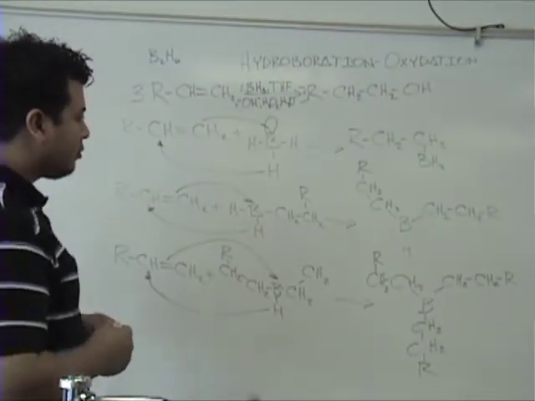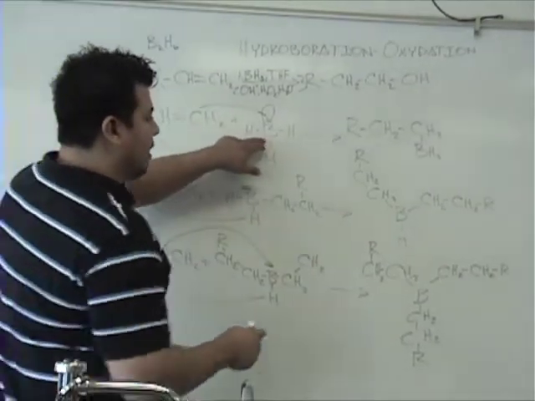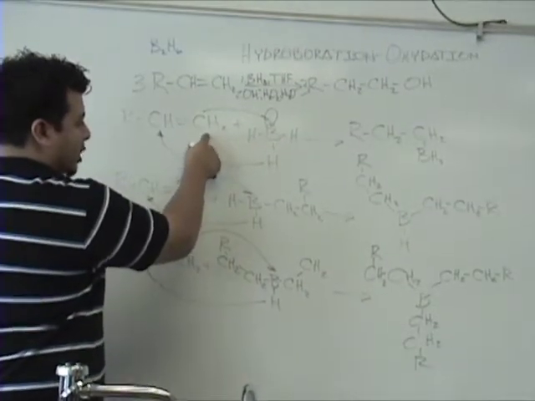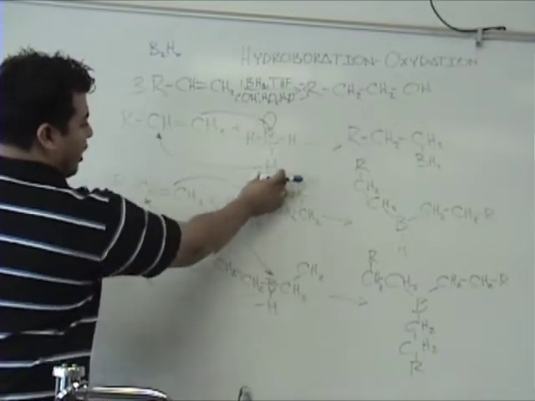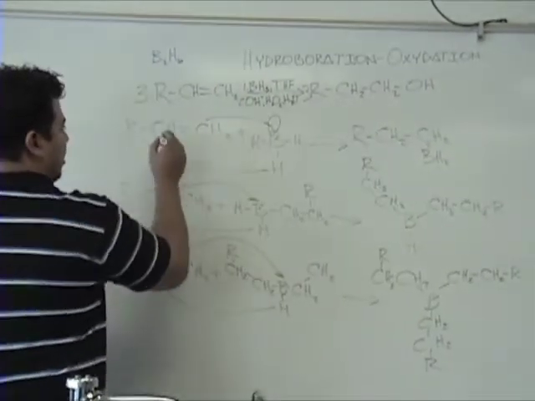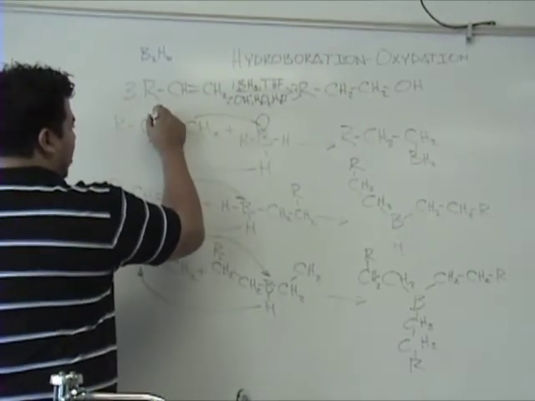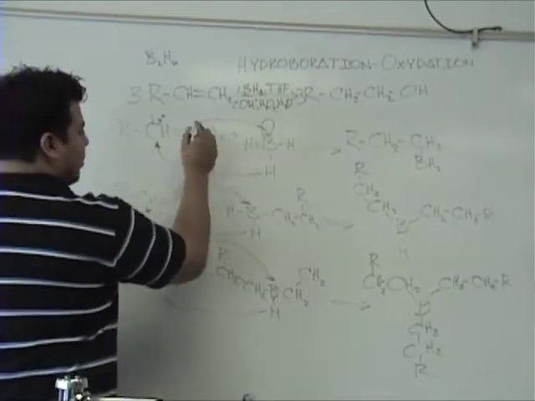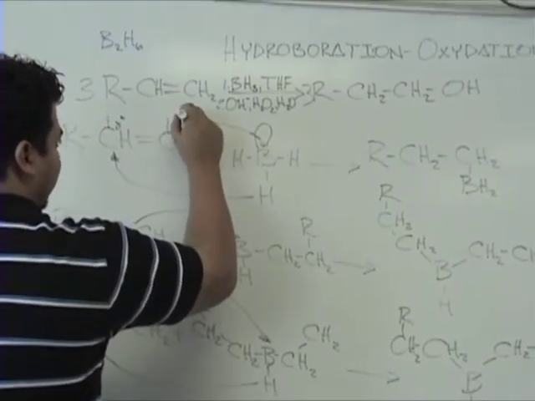The reason why you expect the BH2 to be in the primary position instead of the secondary is because while you add this hydride, while that bond is forming, you will get your carbon as partially positive. If you get it on this one, and the bond is forming, you will also get it partially positive.